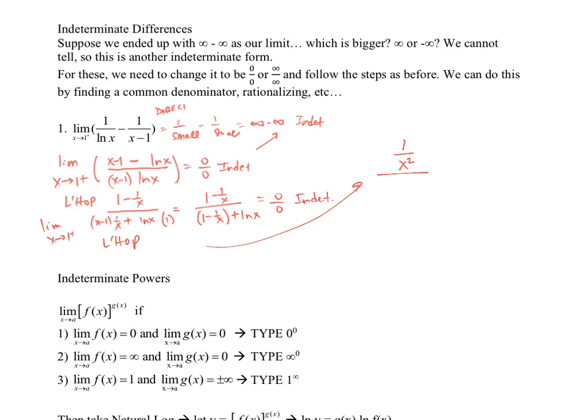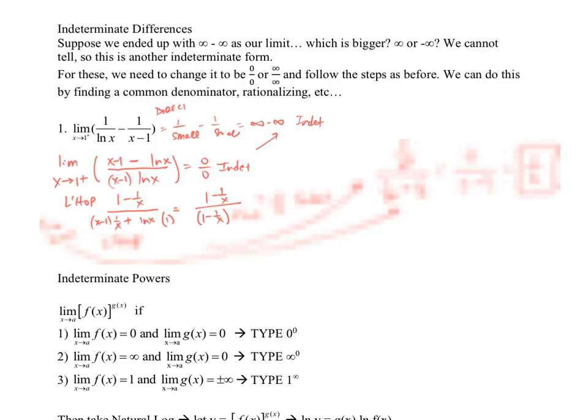On the bottom, I will get 1 over x squared plus 1 over x. This all cleans up. When I put in 1 from the right, I'll get 1 over 1 on the top, and on the bottom I'll get 1 over 1 plus 1 over 1. When I substitute this in, the limit ends up being 1/2.